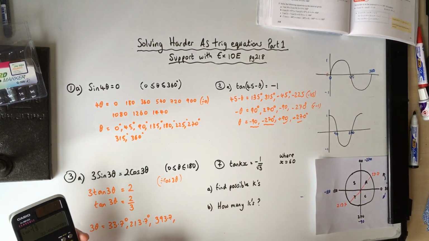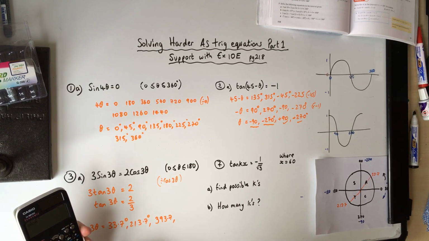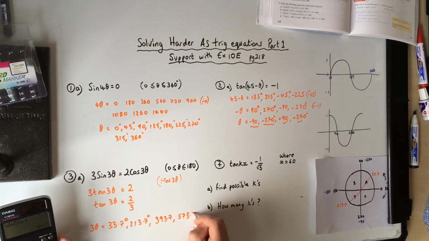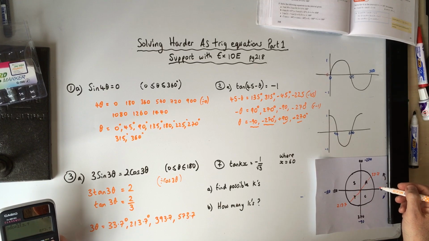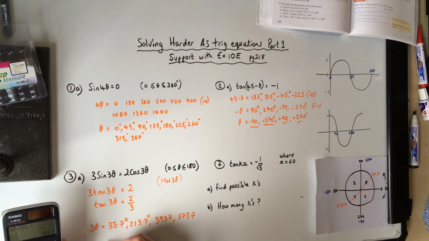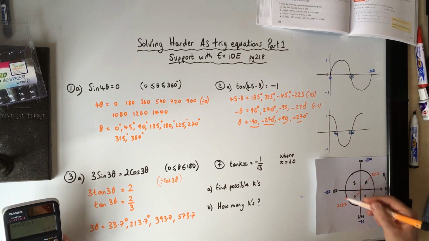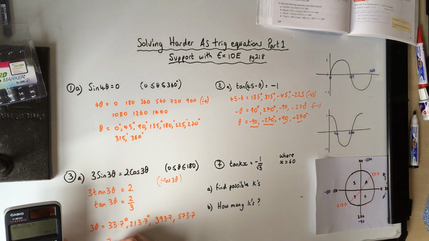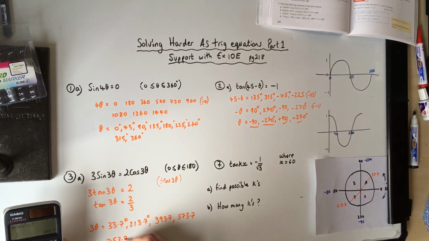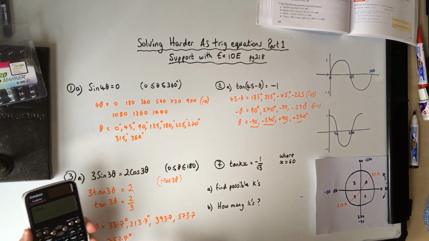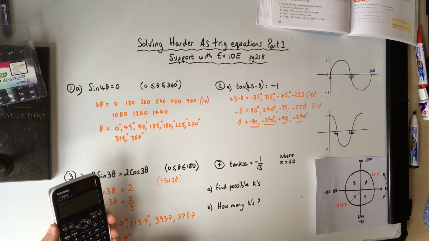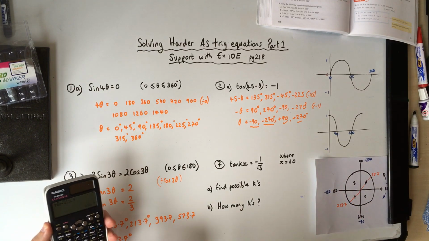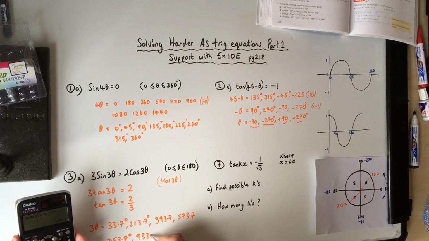So 360 plus 213.7 is 573.7, and I want to go round another one, so I'm going to go also equal to 720. I've got all of those values up to then, 720 plus 33.7 is 753.7 degrees, and 720 plus my 213.7 gives me 933.7 degrees.